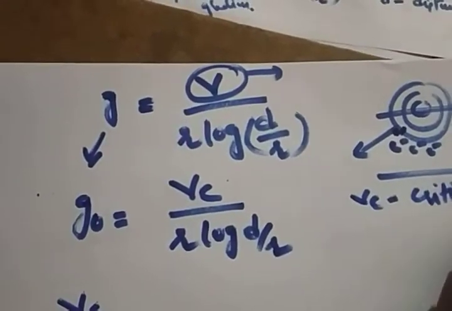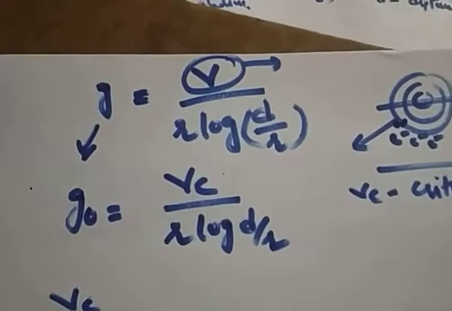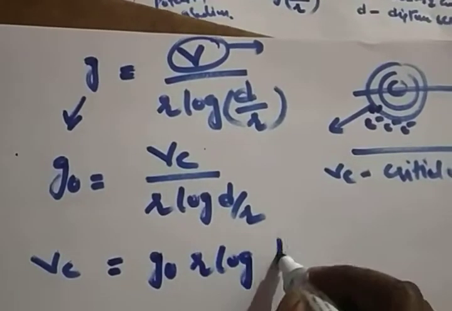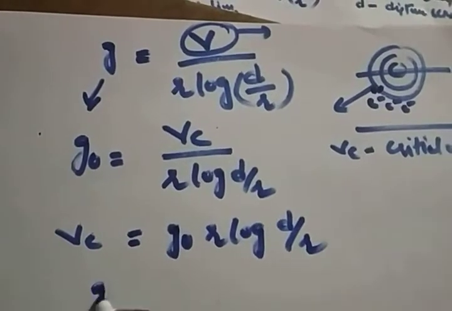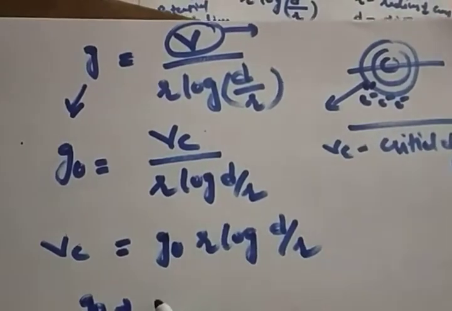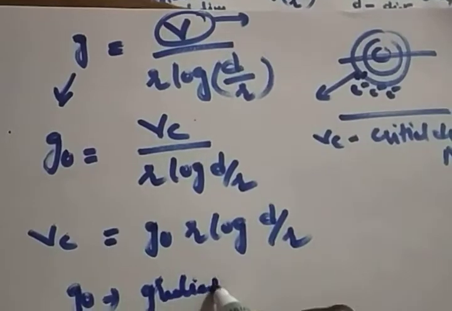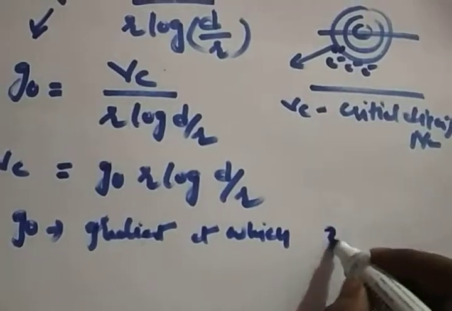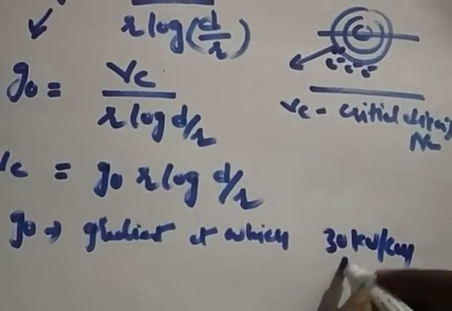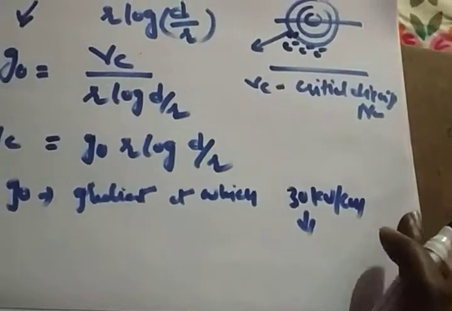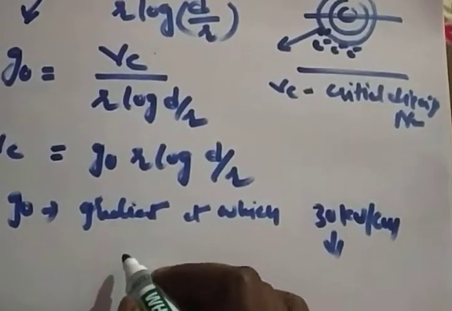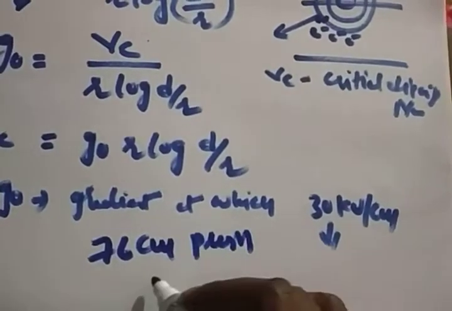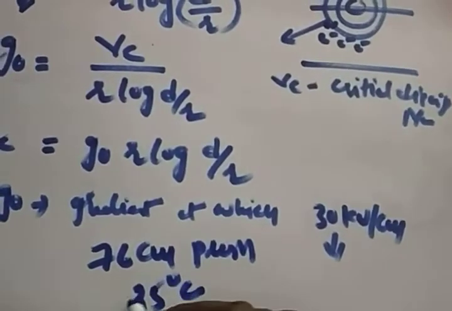What is g naught? g naught is the gradient at which the dielectric strength of air, 30 kV per cm, is crossed, at atmospheric conditions of 76 cm of pressure and 25 degrees centigrade.